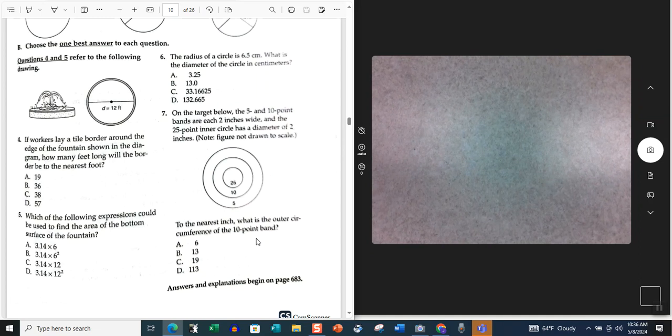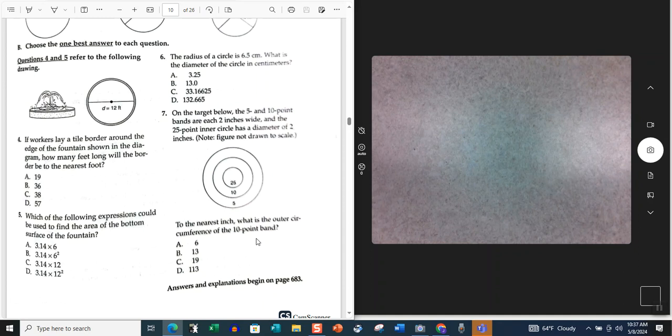Problem number 7, it says, on the target below, the 5 and 10 point bands are 2 inches wide, and the 25 point inner circle has a diameter of 2 inches. Okay, so now they ask us to the nearest inch, what is the outer circumference of the 10 point band?